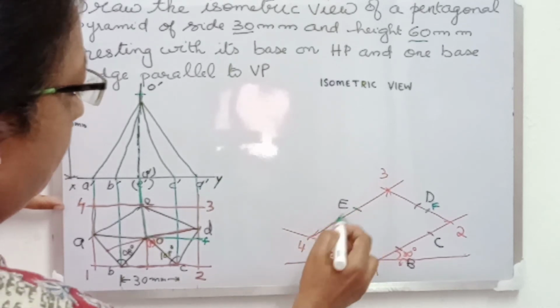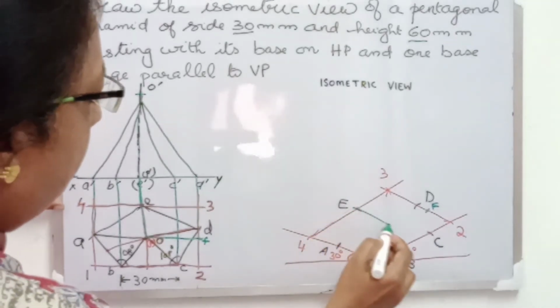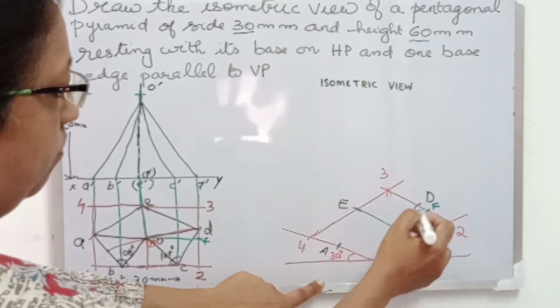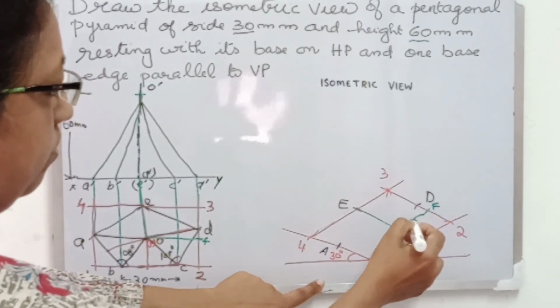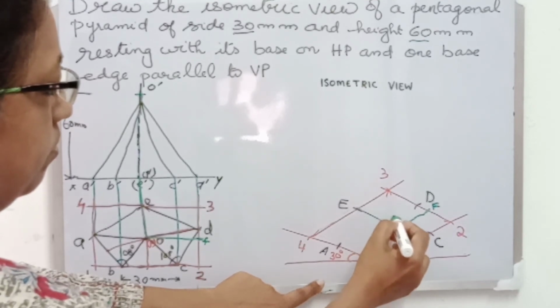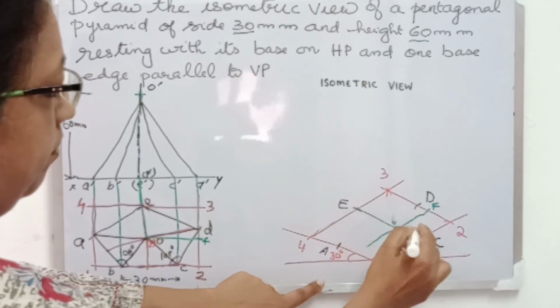The point O is also lying on a line passing through E. So let us draw a line passing through E and F parallel to the isometric lines. Now this meets at a point P, which is the center of the pentagon.